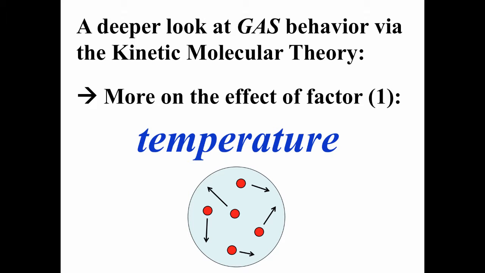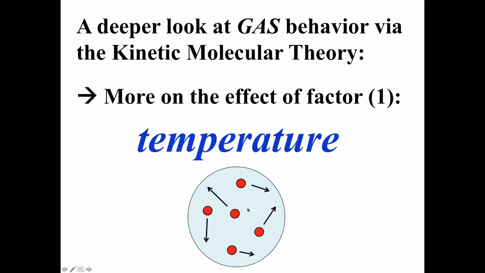And the effect that that has on, for example, pressure, if we have a constant volume container, then if the gas molecules are traveling faster, they are going to hit the walls of the container more often and with more force. And those changes both increase the pressure of the gas in the container.